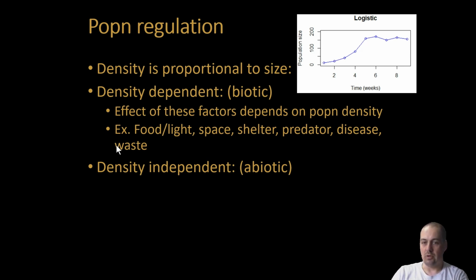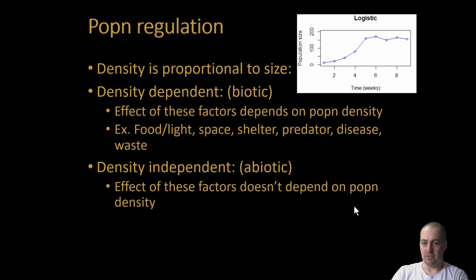Also, a lot more organisms, a lot more dense, are going to be producing a lot more waste, so this needs to go somewhere. So you can contaminate your environment, your food source, or the waste can actually help the spread of disease. So all of these factors depend on the size or density of the population.